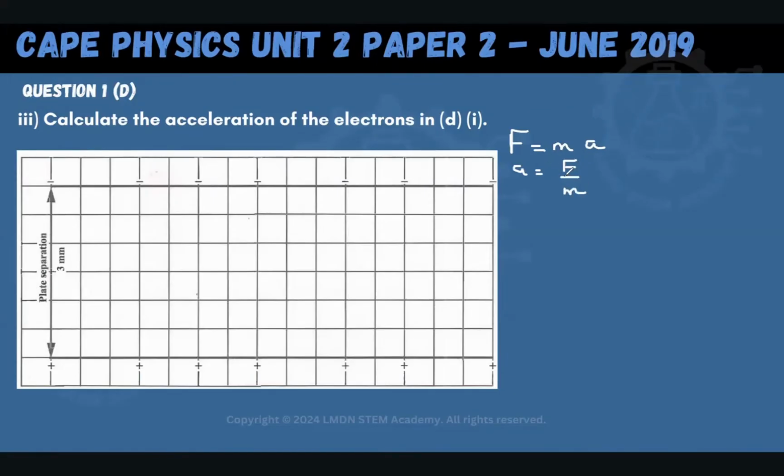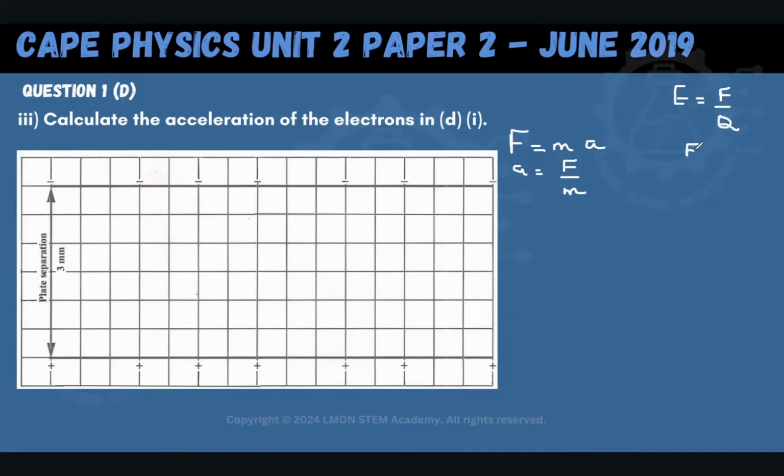All right, so here's the thing now. Force, we need to know what force is, right? So what we can do at this point is we know from our work that the electric field strength E is equal to, what is the electric field strength? That is equal to F over Q, right?